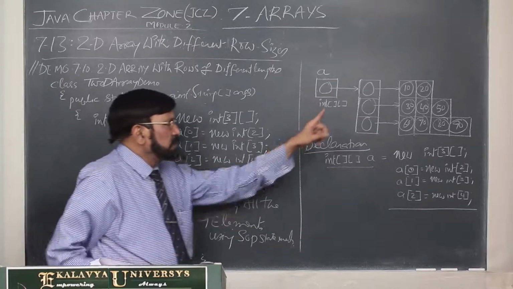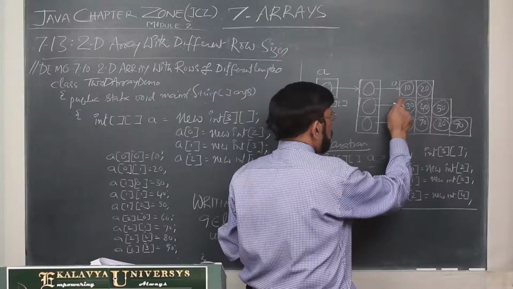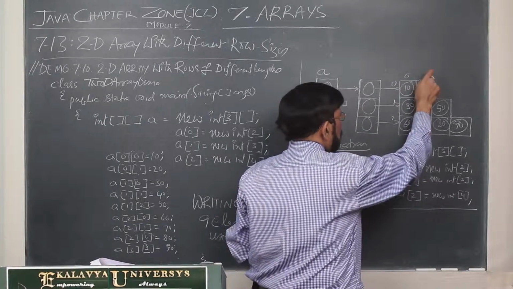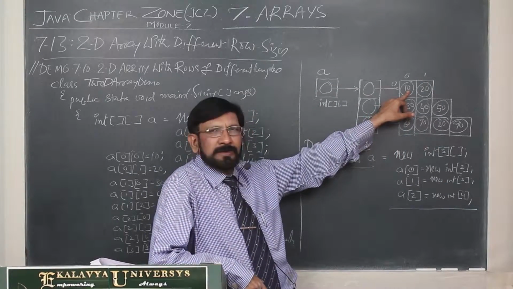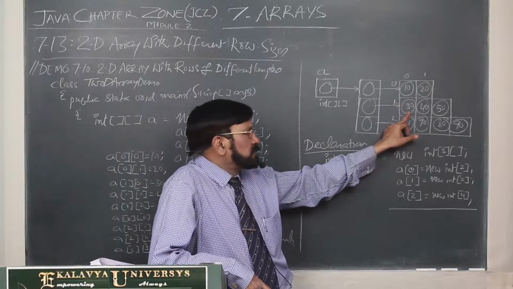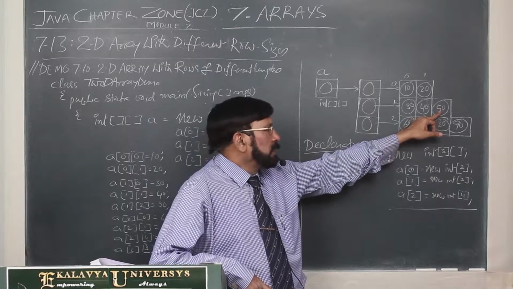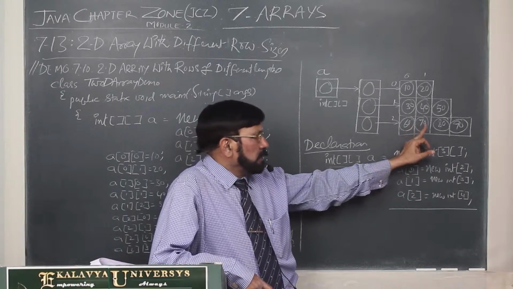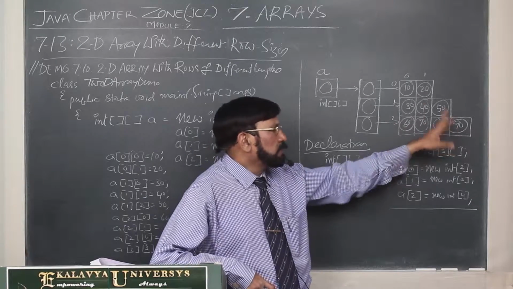Now let me see how you call it. This is row 0, row 1, row 2, column 0, column 1. So how can you represent it? A00, A01, A10, A11, A12, A20, A21, A22, A23.